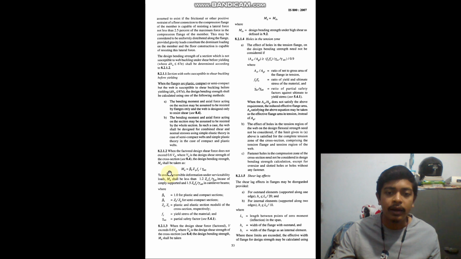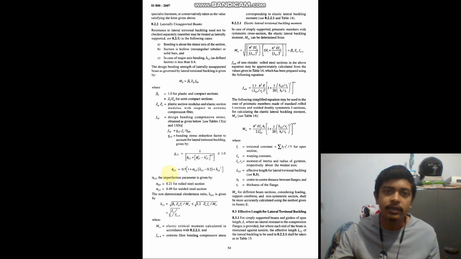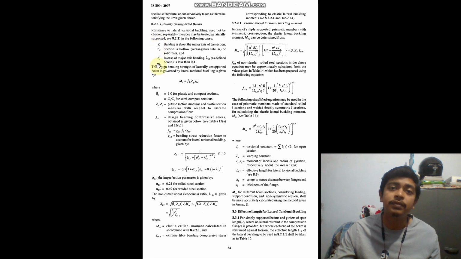All right. Now coming to laterally unsupported beams, go to the next page. You'll find clause number 8.2.2, which defines laterally unsupported beams. Here some clauses are given. How can you differentiate between laterally supported and unsupported beams? So if you just read out, bending is about minor axis of the section.